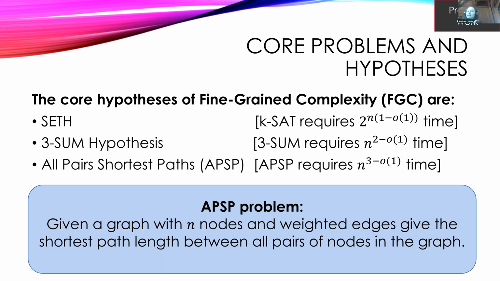And this is believed to take n^(3-o(1)) time. So throughout this talk, I'm going to be throwing these little o(1)s up, and really what it's doing is suppressing anything that's sub-polynomial, or in the case of these exponentials, sub-exponential. It's suppressing anything that's not a constant in the exponent. What we're really caring about is what the constant in the exponent is for these various problems.